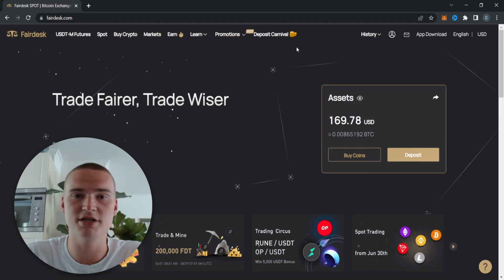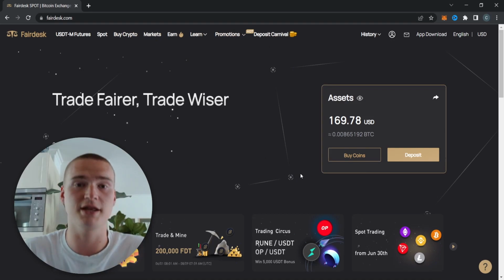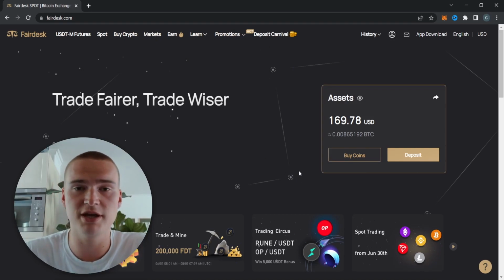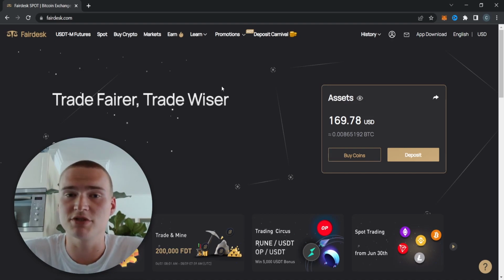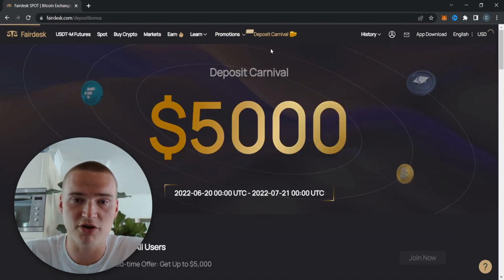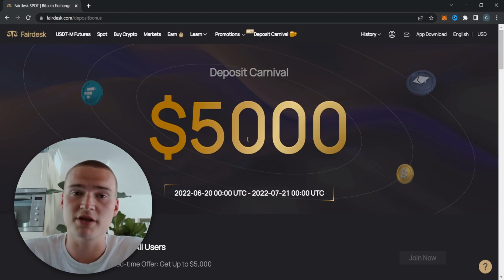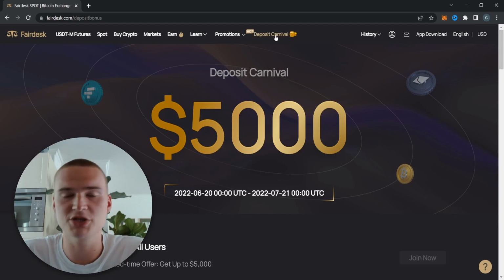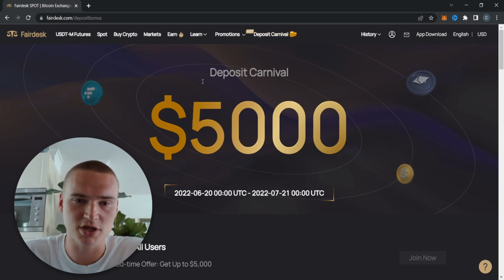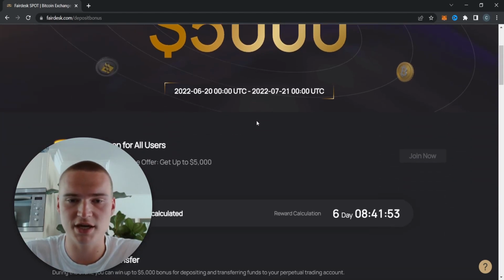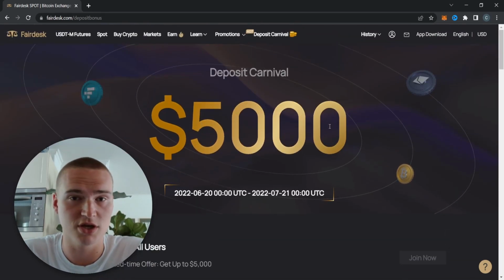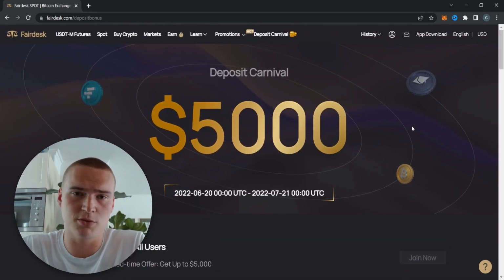That's the exchange. You can easily register using the link down in the description. That's my affiliate link. And if you sign up, what you can then get, first of all, they had the deposit carnival, which is over right now, but it's a sign of things to come. Fairdesk usually has some of these special bonus promotions, such as the deposit carnival, where in this case you could earn up to $5,000 if you just deposit $100 in dollars, euros, but also crypto.